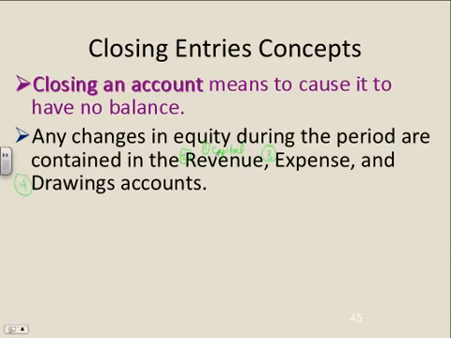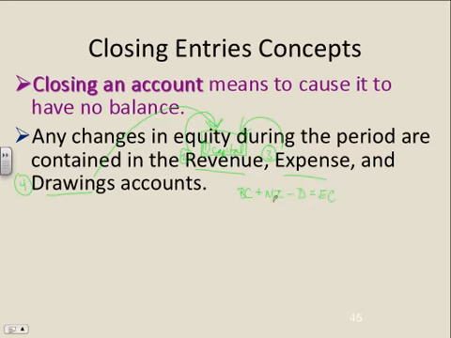We want these three to start fresh next period, and we want to update our equity by putting all of these amounts into our capital. Because remember our formula, beginning capital plus net income minus drawings equals ending capital.